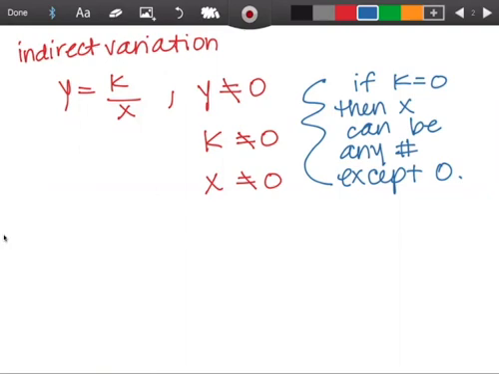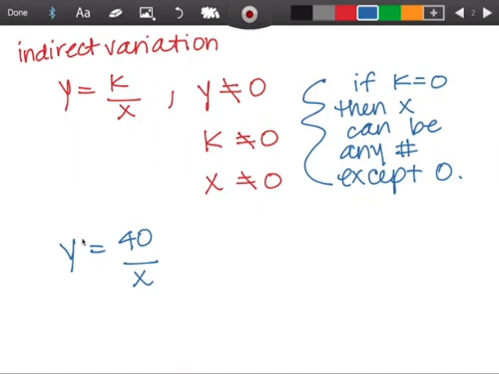All right. So what happens if we have a problem like this? Y equals 40 over x. What happens if we have y equals 40 over x?